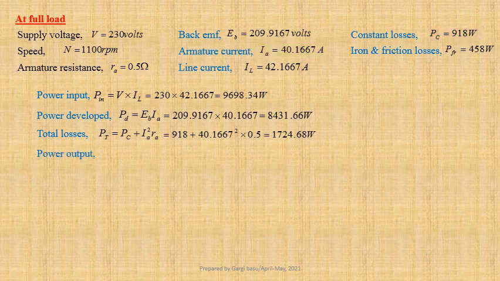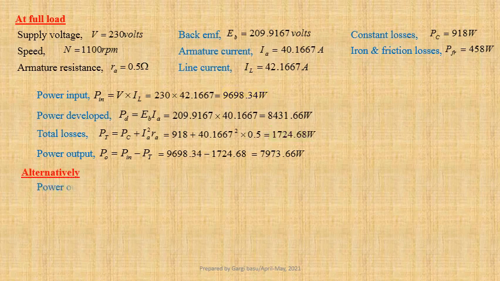Power output PO equals P in minus PT. That is equal to 9698.34 minus 1724.68. That gives us 7973.66 watt.